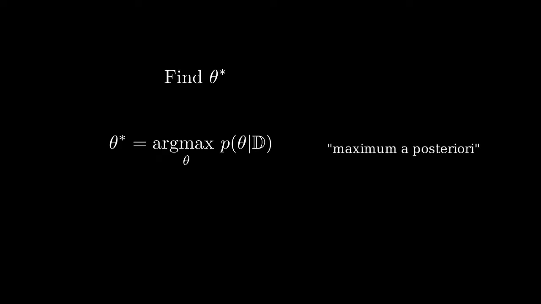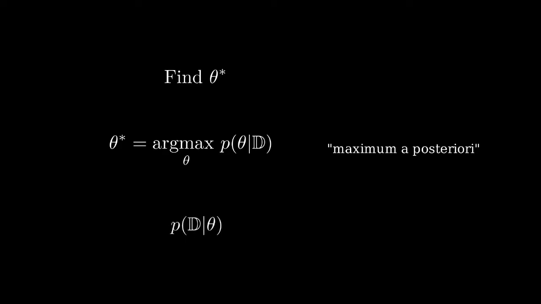One way we might go about defining this is by taking the probability of the parameters given the data and saying that the parameters that maximize this probability are the optimal ones. The approach of finding parameters which maximize this probability is called maximum a posteriori estimation, and the resulting set of parameters are referred to as the maximum a posteriori estimate.